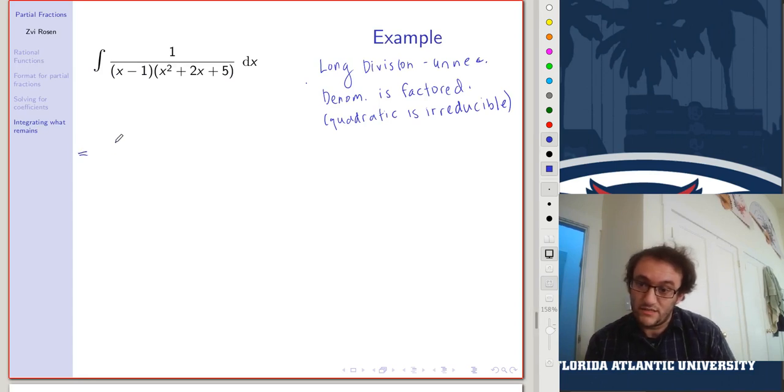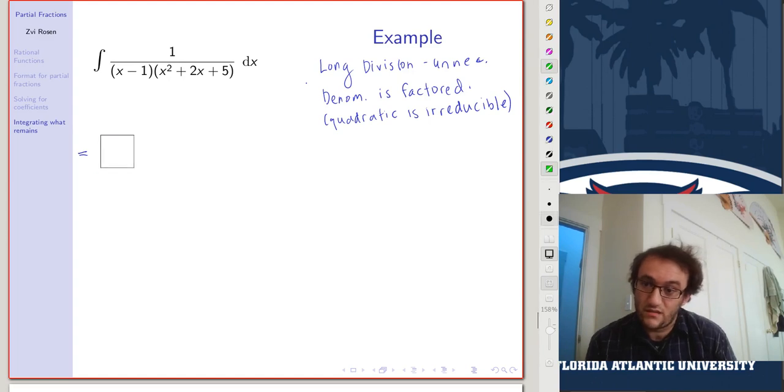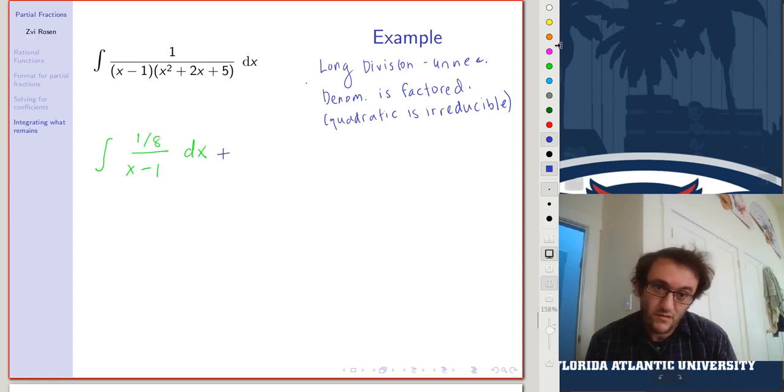So we know this integral is equal to the integral of 1/8 over x minus 1 dx, plus, in orange ink, the integral of negative 1/8 x minus 3/8 divided by x squared plus 2x plus 5 dx.